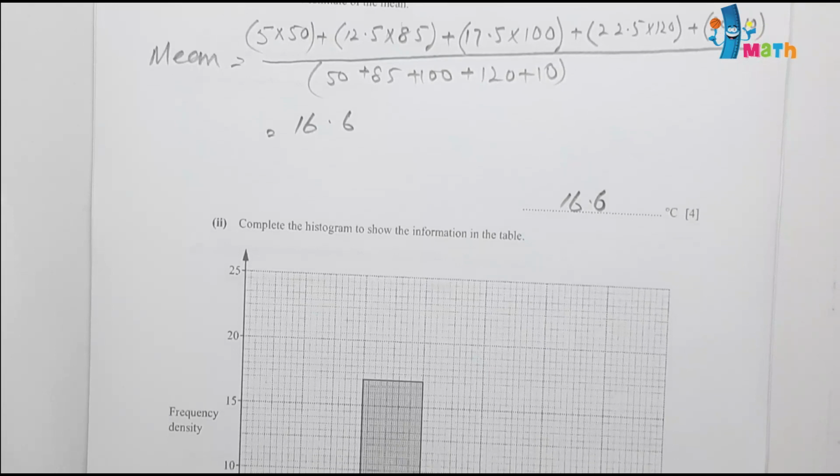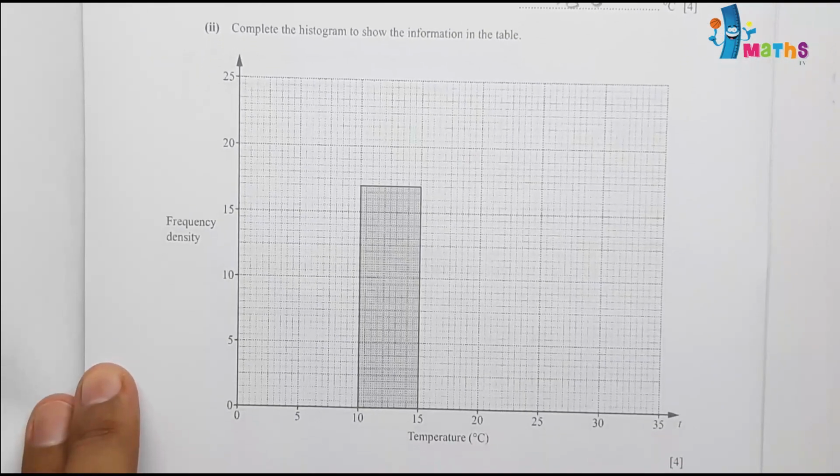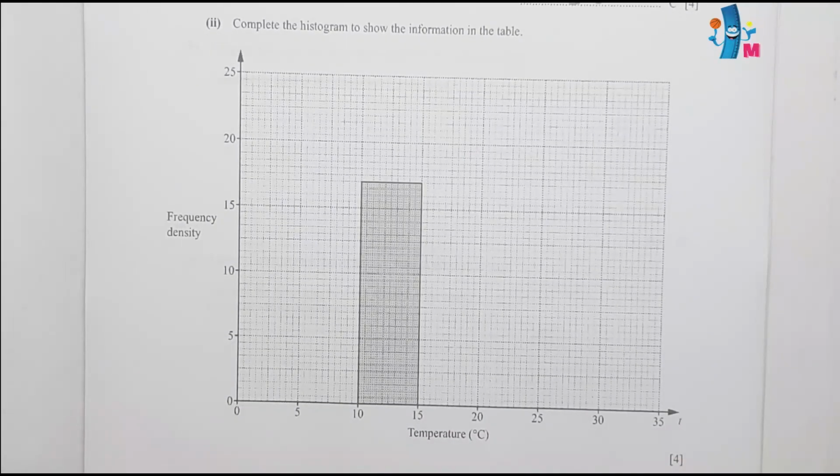Now for the second part, complete the histogram. We have to basically complete this histogram. One bar is given, and for this bar, if you check the bar width, it is 15 minus 10, which is 5. So the bar width is 5.